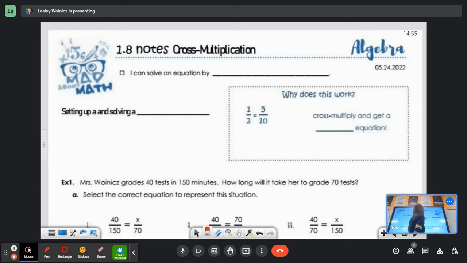Yay! Okay, so today it's all about cross multiplication. We are going to solve equations using cross multiplication.